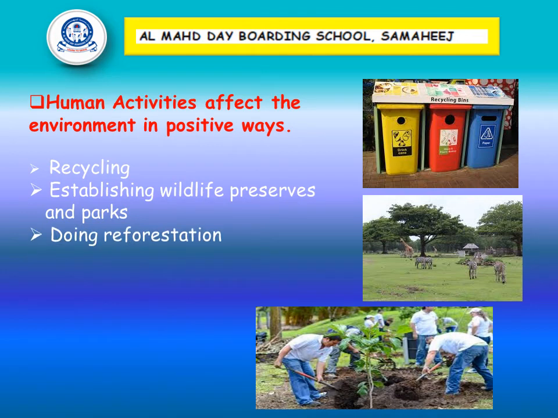Third, doing reforestation. Reforestation is a process of replanting an area with trees. And the last one, creating environmental regulations, or creating laws or setting policies that people must follow in order to protect the environment.